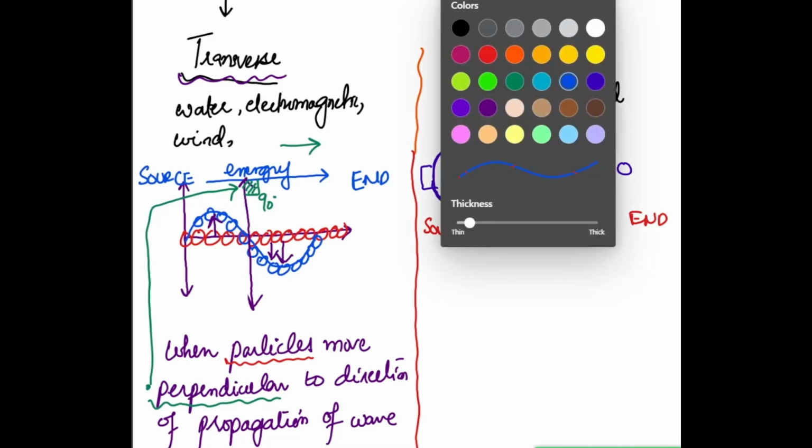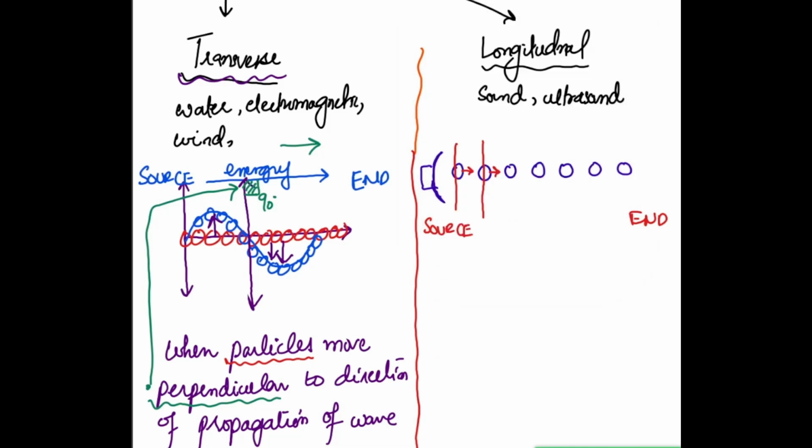So for example, if this particle in one part of its life cycle had moved towards the right side, in the other instant of time it would come back to the original position by moving towards the left. So basically the same single particle keeps bouncing between two fixed positions while it started from a mean position. This forward and backward, back and forth motion produces a longitudinal wave.